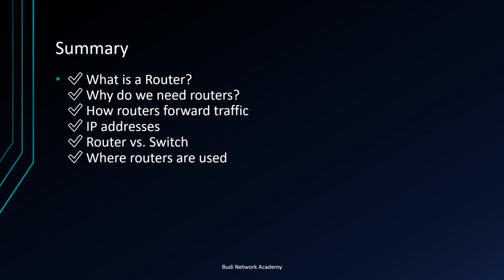We compared routers with switches and learned that switches connect devices while routers connect different networks. Finally, we saw that routers are used everywhere from our homes and offices to schools and internet service providers. These are the basic concepts you need to understand before moving into more advanced routing topics.